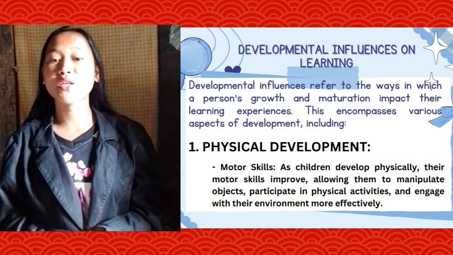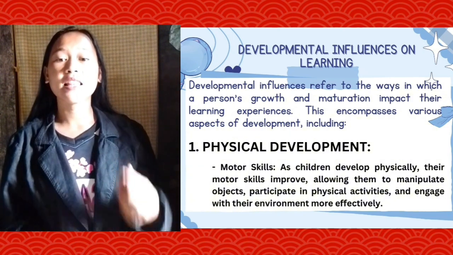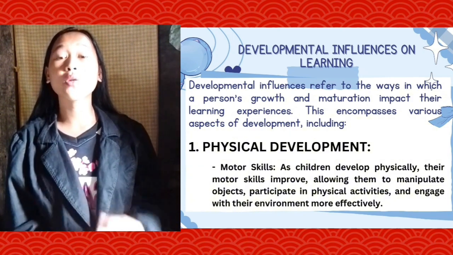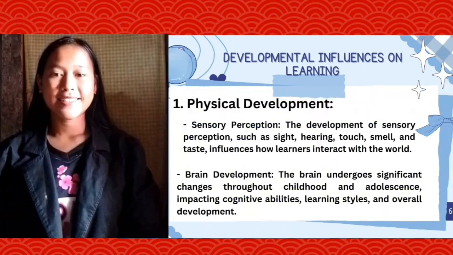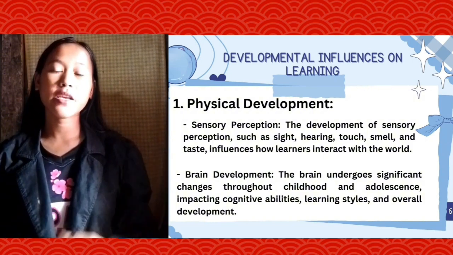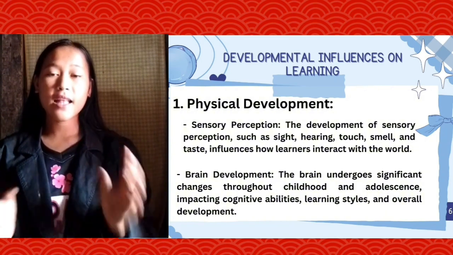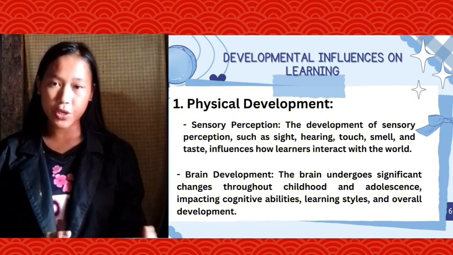As they master new skills, they gain confidence and abilities that help them interact with the world around them more effectively. Next is sensory perceptions. The development of sensory perceptions, such as sight, hearing, touch, smell, and taste, influences how learners interact with the world.